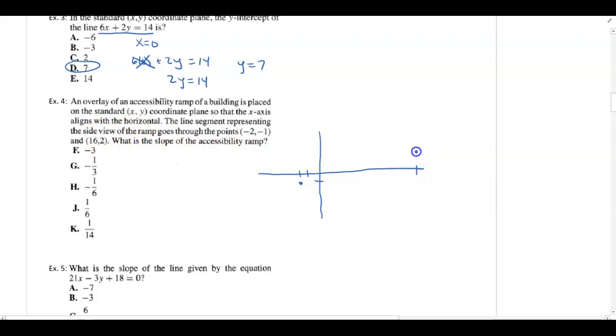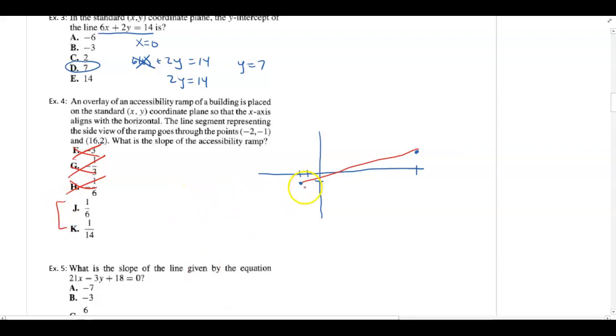So I'm just going to put 16, 2 right about here. What is the slope of this ramp? Well, right away, if I connect the dots, the reason I make a quick sketch is I look at that line and I recognize that the slope is positive. So right away, I know F can't be an answer, G can't be an answer, H cannot be an answer. So I'm stuck between these two.